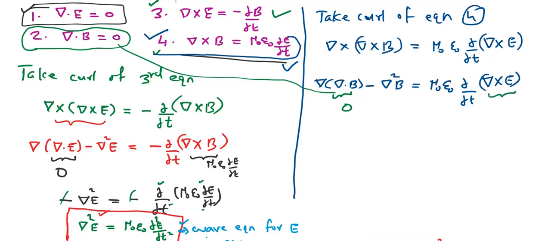Then similarly on the right hand side, del cross E is nothing but our third equation. I can substitute this quantity, that is, dou B by dou T.